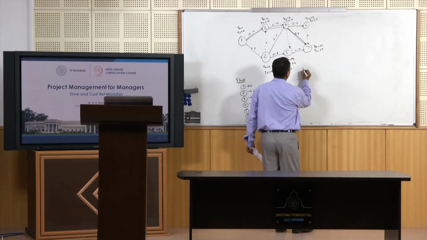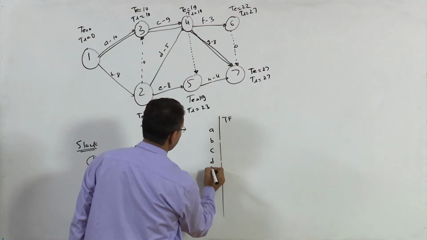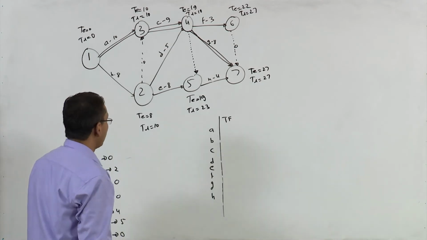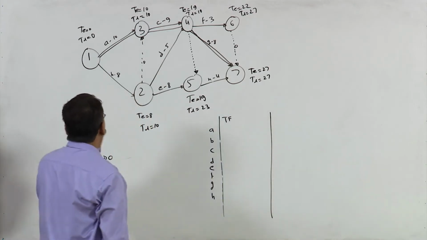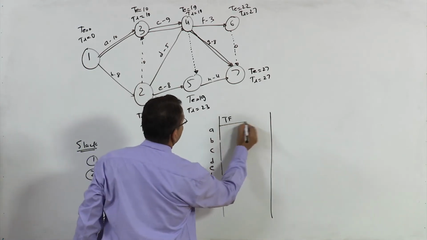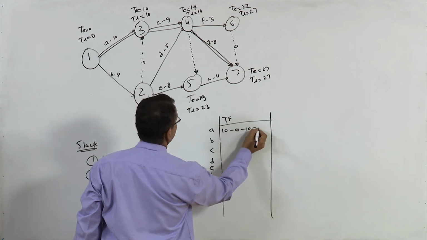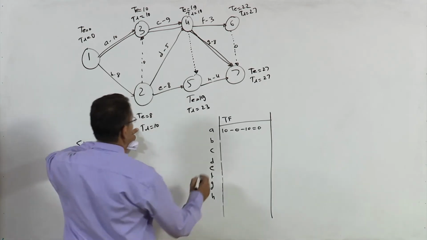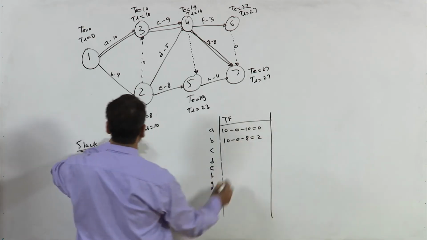So you have got total float, and these are different activities: A, B, C, D, E, F, G, and H, right. So total float for activity A is TL minus TE minus duration. So 10 minus 0 minus 10, this is 0. For activity B, TL minus TE, 10 minus 0 minus 8, so this is 2.